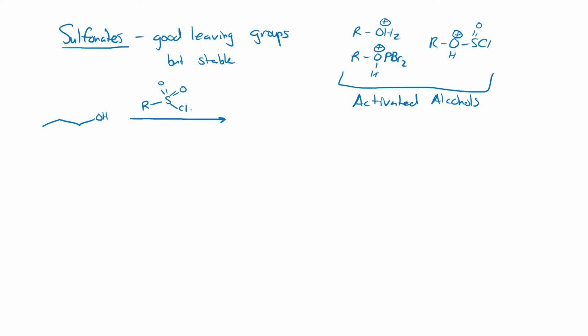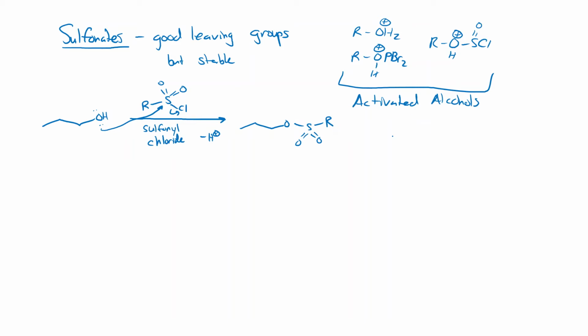We react with this very reactive sulfonyl chloride, which is almost the same reaction as we saw before, right? Adds in there, kicks that out, right? We lose H plus and we get whatever our R group is.